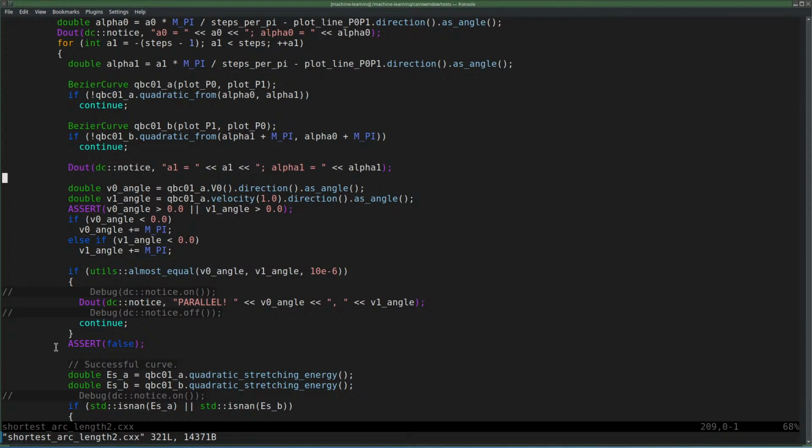I'm not running into this. They should always be parallel. Therefore, it should always print this. Otherwise, you would run into this. It does not seem to happen, however.